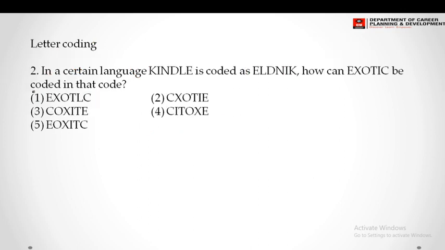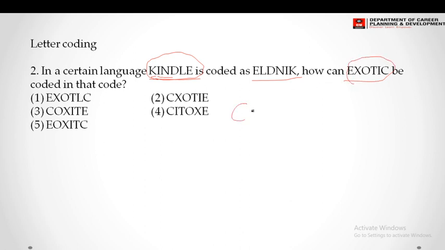Then the next question: Kindle is coded as this code, and you have to find the code for exotic. How does Kindle become this code? K is on last, then I is on second last, N is third last. So Kindle is written in reverse order. Similarly, this word should be written in reverse order.